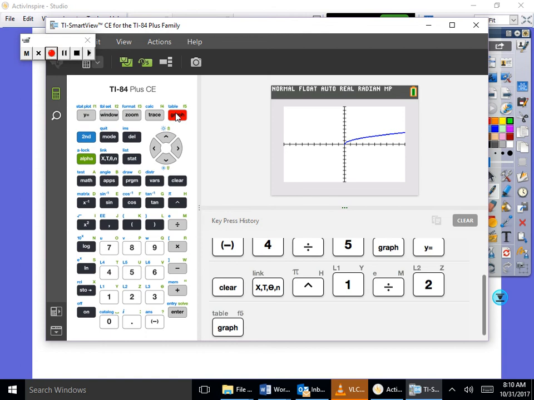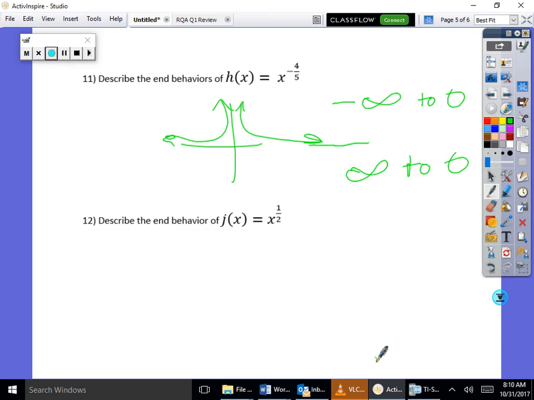All right, so as I head towards negative infinity, what happens with my graph? It does not exist because why? Nope, give me a better answer. Don't tell me it starts at 0. There's an asymptote at 0. Give me a better reason for why this does not exist.